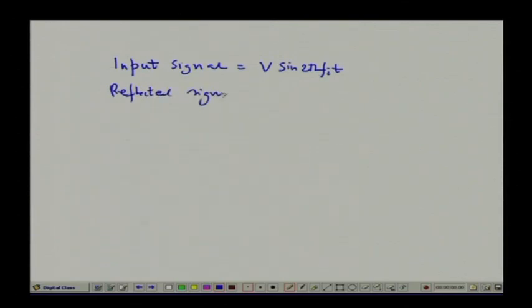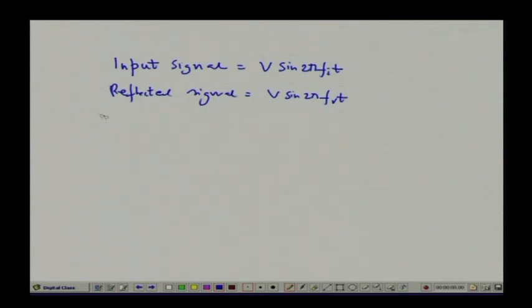Let us take a blank page. Input signal is equal to V sin 2 pi Fi t, right, and the reflected signal is equal to V sin 2 pi Fr t.